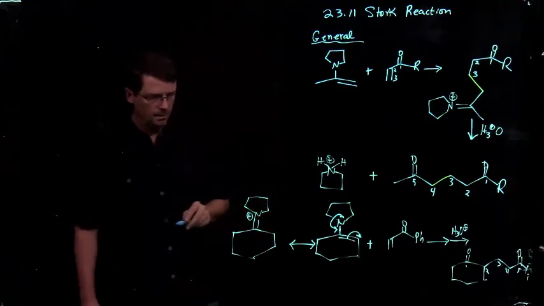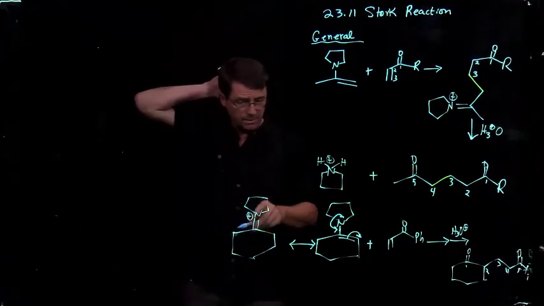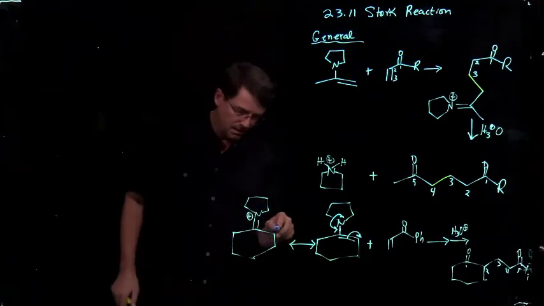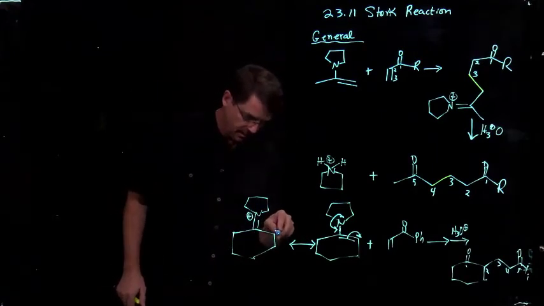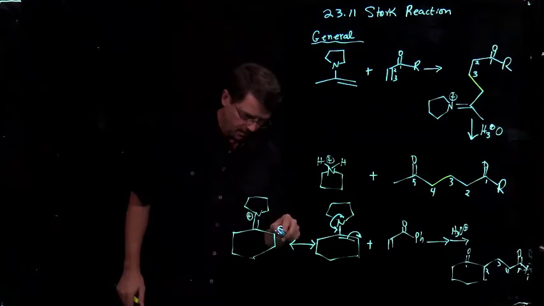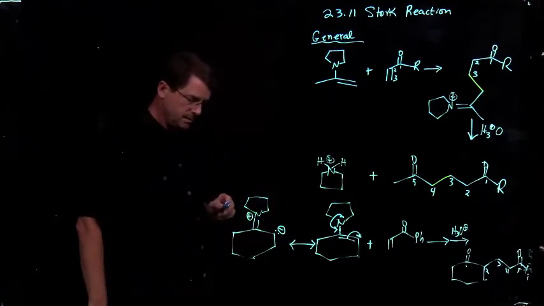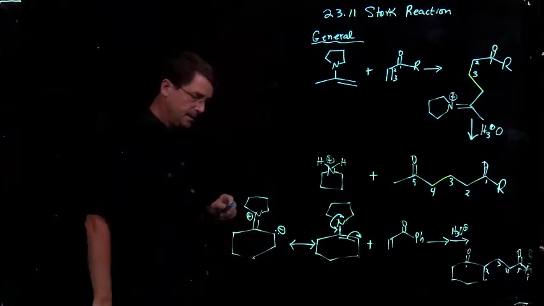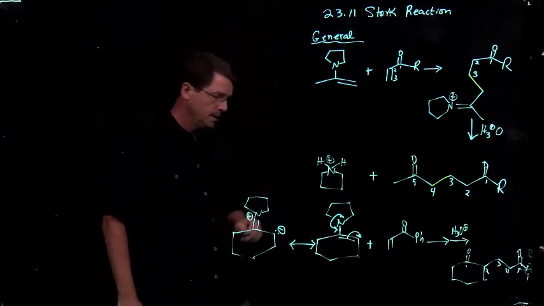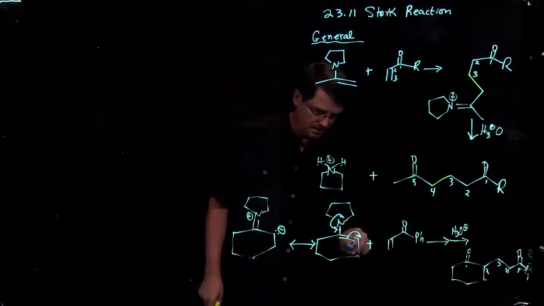So in this particular resonance form, we're going to have charge separation, seeing an aminium ion, but then over here, we have a negative charge.